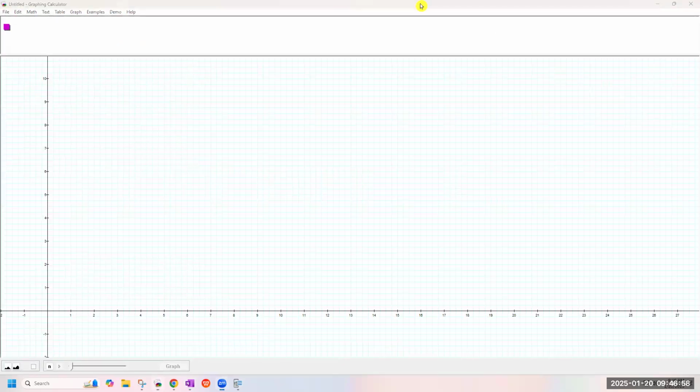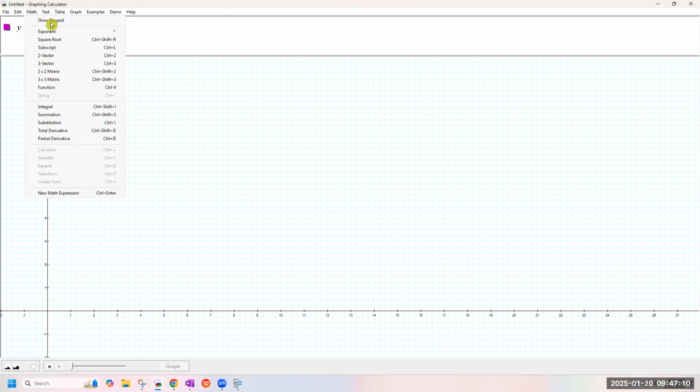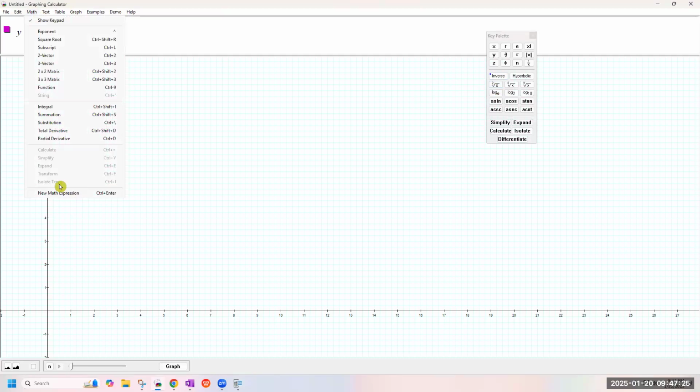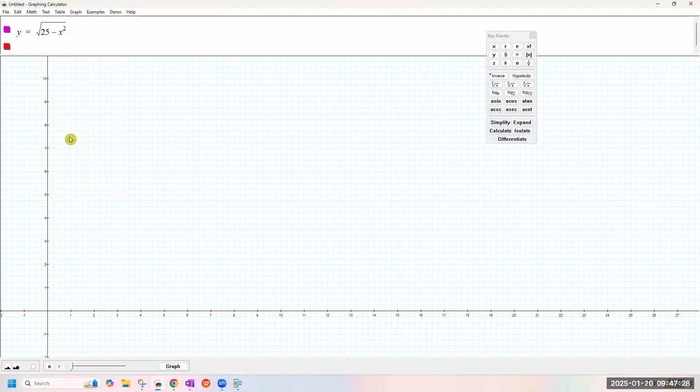Okay, so I am going to graph y equals the square root of 25 minus x squared, and the other graph is the linear approximation, negative 3/4 of x plus 25 over 4. That's what we have, right?